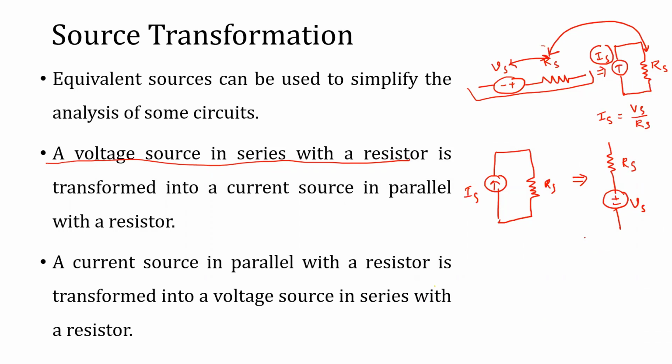In this case, the value of Vs can be calculated using Ohm's law: current into a resistance. The resistance in both the circuits are same. Is is the value of current source in this circuit. These two values are used to calculate a new value, that is Vs.